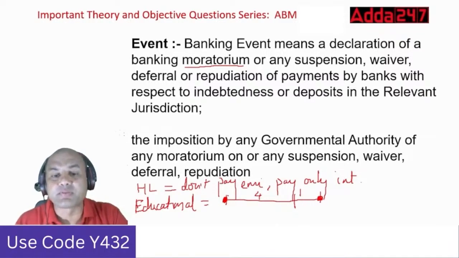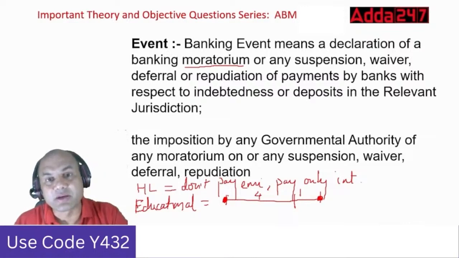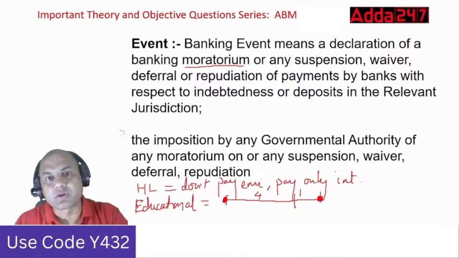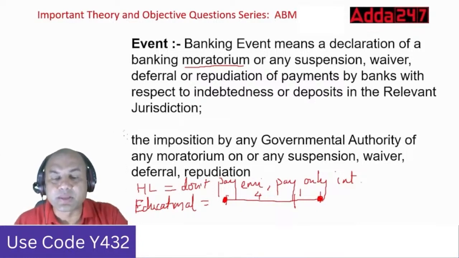Suppose my parents are rich enough, they'll pay this interest within this period. So EMI is not paid here. Interest can be paid, or else the bank even says you don't pay anything up to the 5th year. Once you start the job, then you pay this interest, the remaining interest also for this period.